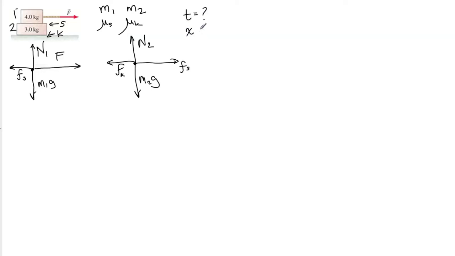Well, if it starts from rest, then I know I can find the time if I have the acceleration. So, because I have this equation, x equals 1/2 at squared, if I know x and I can find the acceleration, then I can calculate the time. So I'm going to use these free body diagrams to find the acceleration.